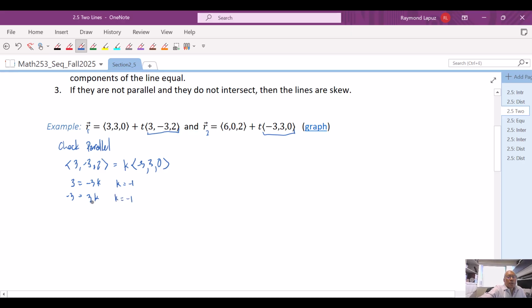But for our last component, we have 2 is equal to 0 times k. So 2 is equal to 0 gives no solution here. We're out of luck, and we have to conclude that these vectors are not parallel, so therefore the lines are not parallel.